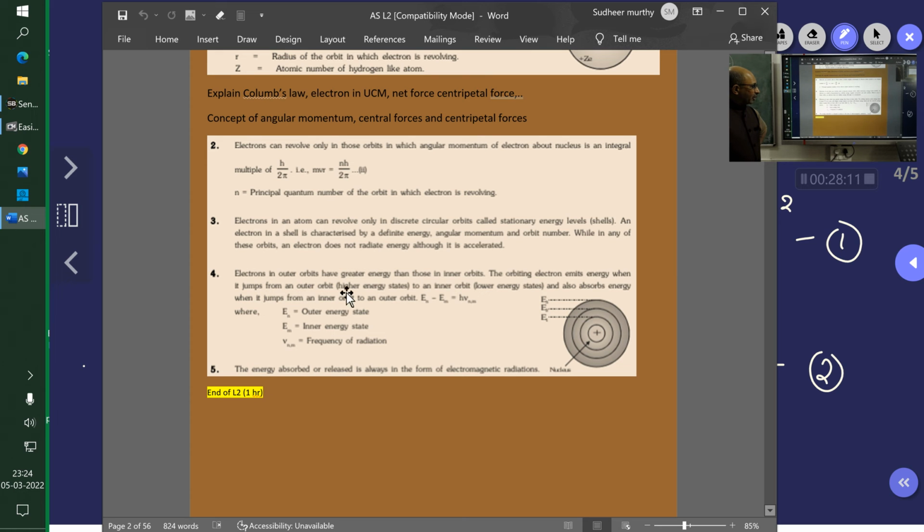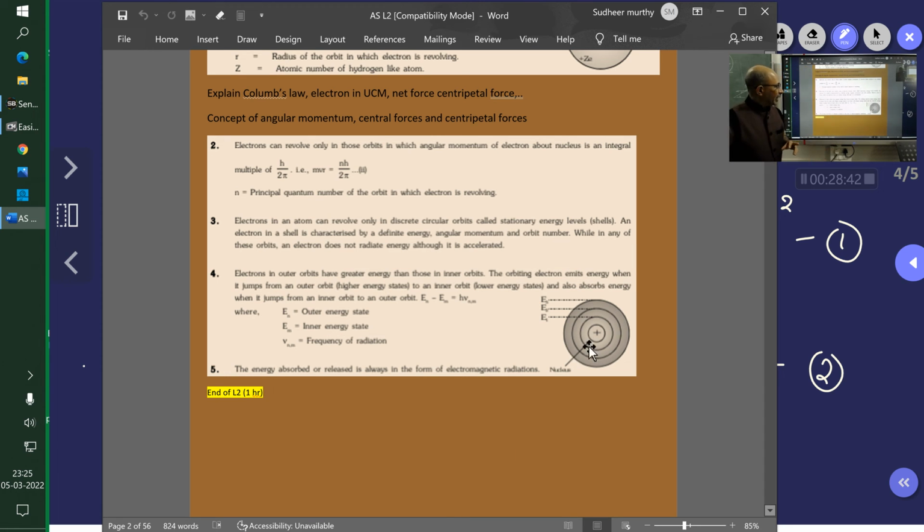Electrons in the outer orbits have greater energy than those of the inner orbits. This is quite evident, but nonetheless, if I take this object, say this is Earth and this is the object, and I keep taking it away and away from Earth, supposing my hand is Earth, then its potential energy goes on increasing.